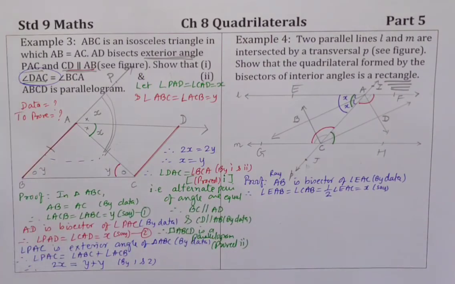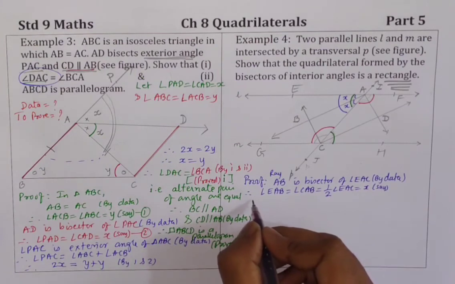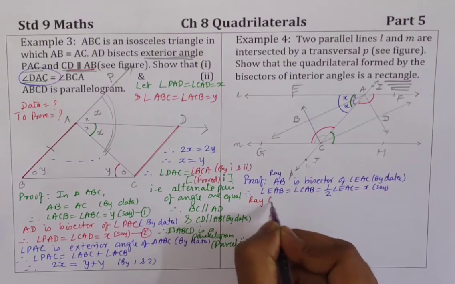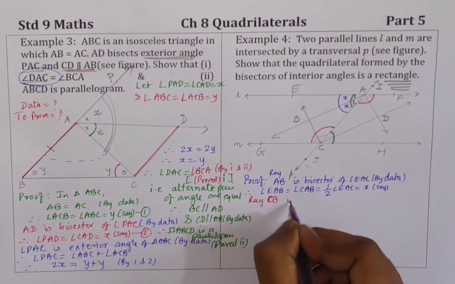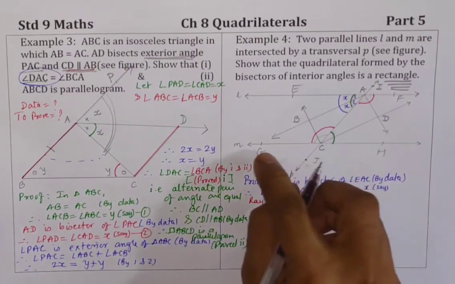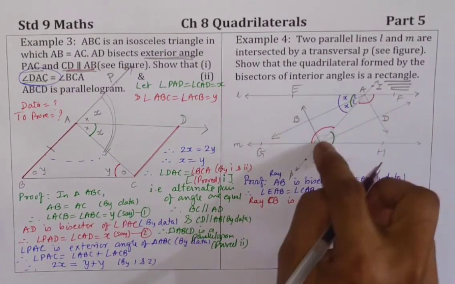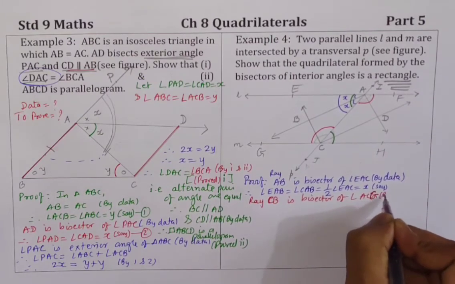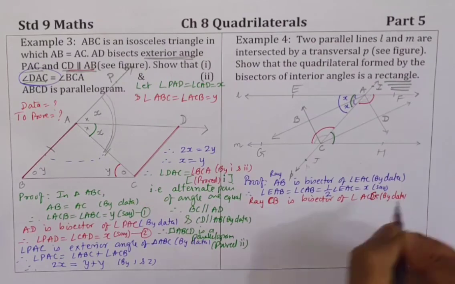Fine. Now next, ray CB is bisector of angle GCA or ACG, angle ACG by data.